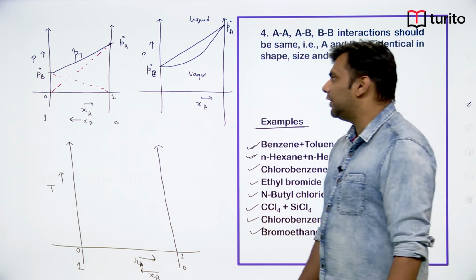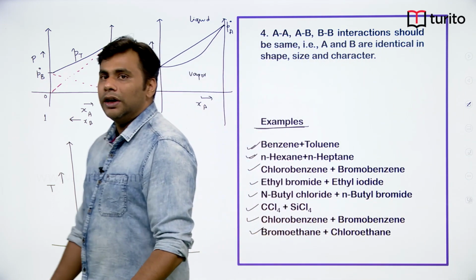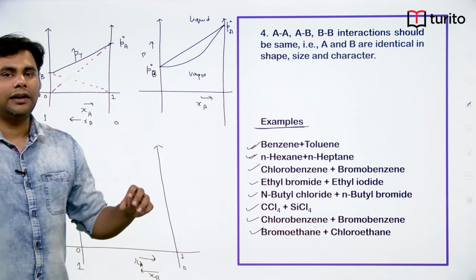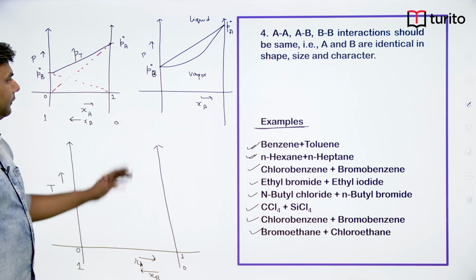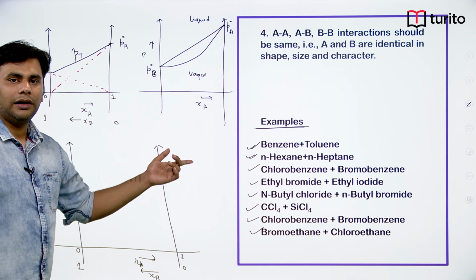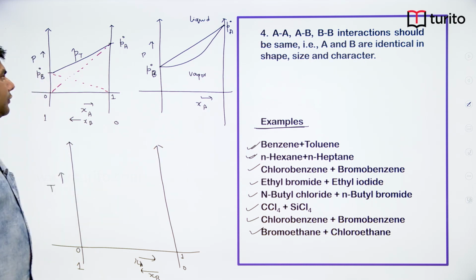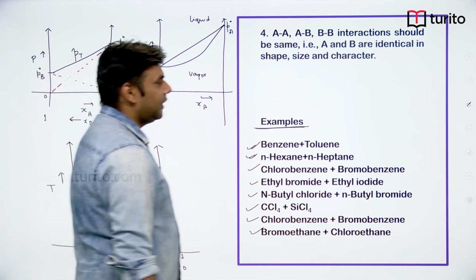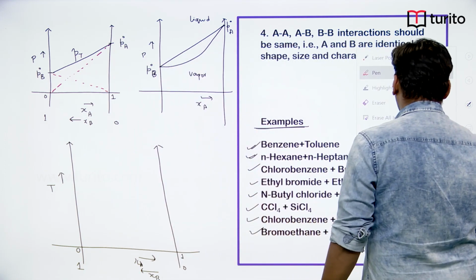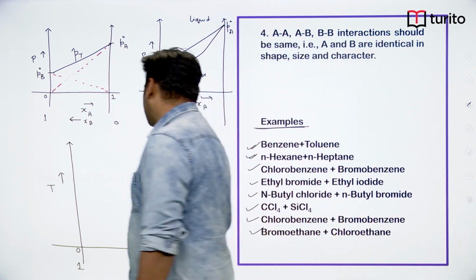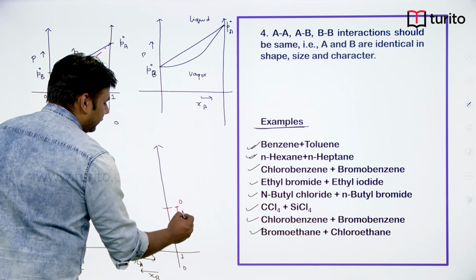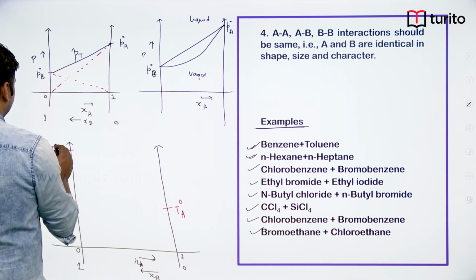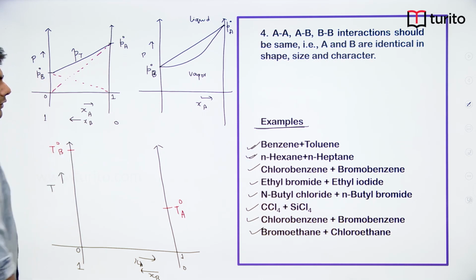But if the vapor pressure is less, we have to heat it enough so that the vapor pressure becomes equal to the total atmospheric pressure. So we will say that the liquid having higher vapor pressure will always have a lower boiling point. So T naught A will be over here and T naught B will be over here. Okay, I hope this is clear to everyone.